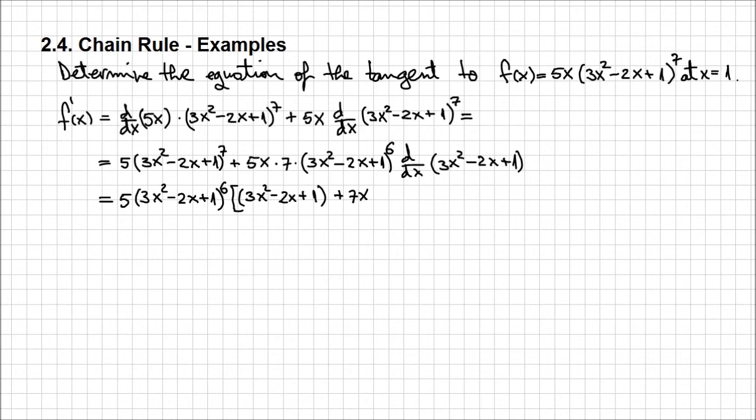It's already factored out completely, so the only thing remaining after 7x is the derivative of the expression 3x squared minus 2x plus 1, which is 6x minus 2.